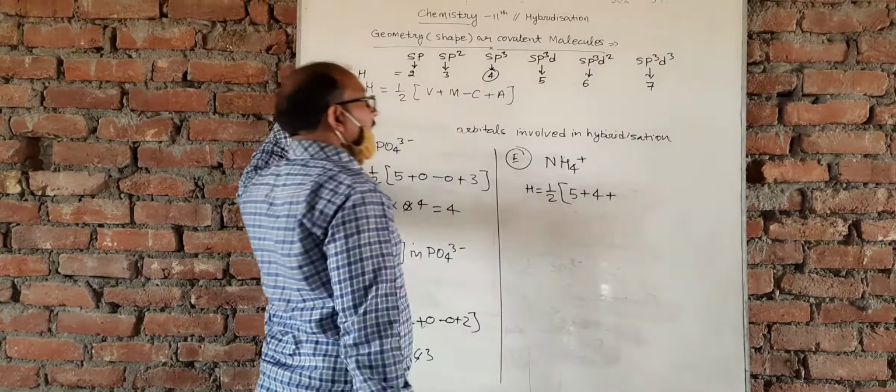So 1 by 2 into 8 gives 4, so H equals 4 and the number of orbitals involved in the hybridization is 4, which is sp3 hybridization in the ammonium ion NH4 plus.